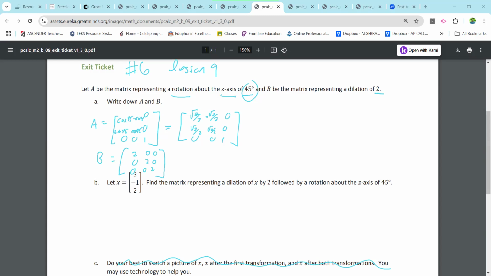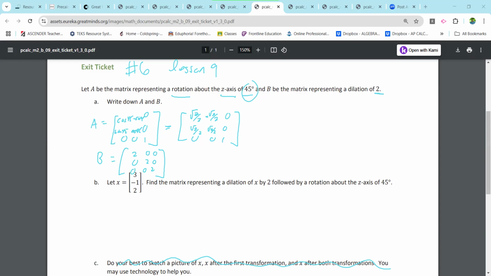But yes, again, this goes back to that R000, R000R, but this time the dilation of R is 2. Questions on that? Okay, so that was part A, which does just write down part A and B. Part B says let X be this coordinate, 3, -1, 2, or this vector.